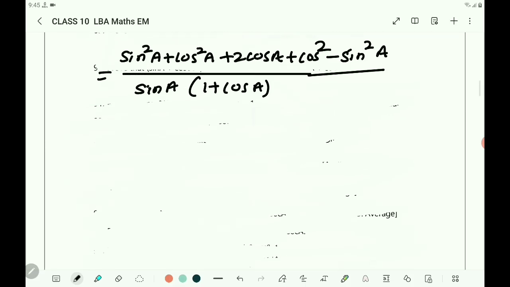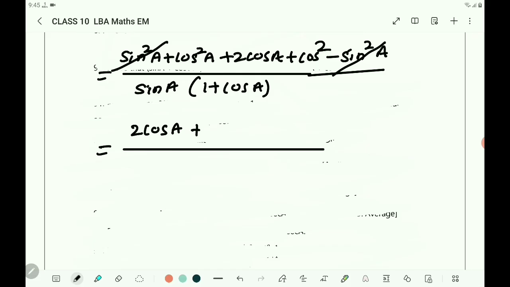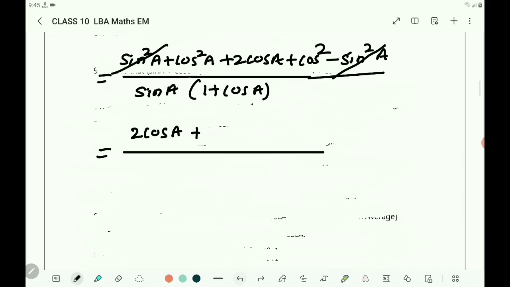Then here sin square A and minus sin square A cancel. Then write 2 cos A plus cos square A plus cos square A is 2 cos square A. Write the denominator as it is, sin A into (1 + cos A).